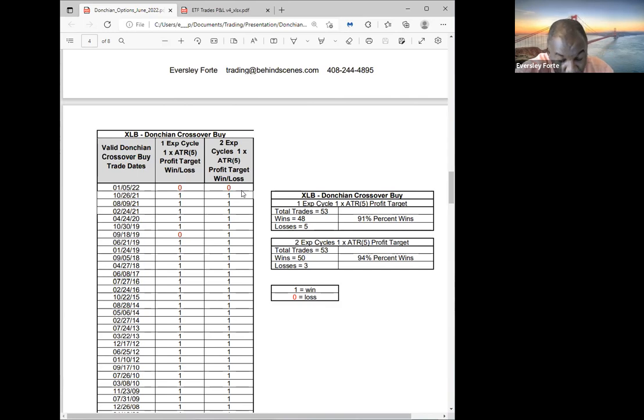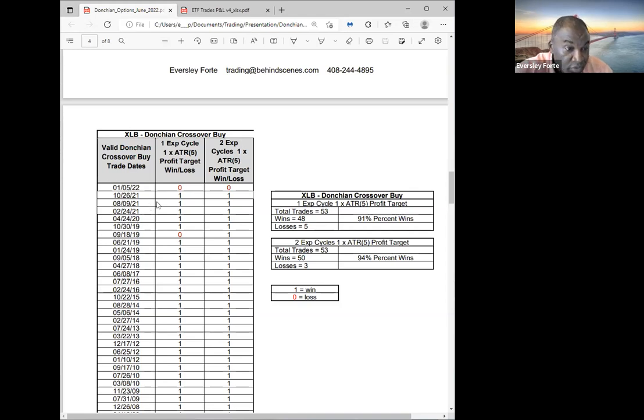A lot of people will choose one expiration cycle because the options are cheaper, or because they have a smaller account. I know a lot of people, no matter what the trade is, will take two expiration cycles because they want a higher probability. They'll take a smaller return, but very few losses.